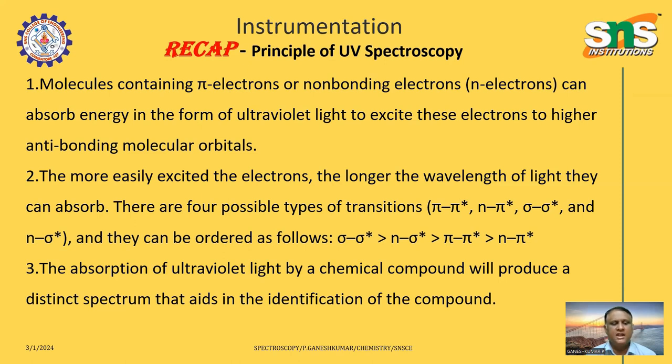The more easily excited the electrons, the longer the wavelength of light they can absorb. There are 4 possible types of transitions we discussed earlier: π to π star transition, n to π star transition, sigma to sigma star transition, and n to sigma star transition. Here the sigma to sigma star transition has a very high energy, and n to π star transition has very low energy.